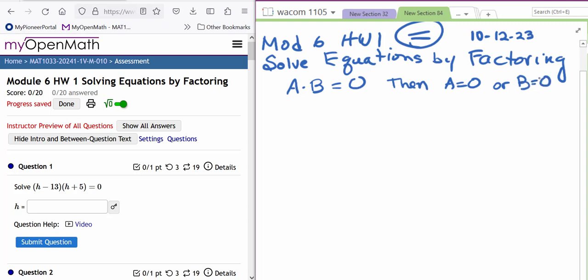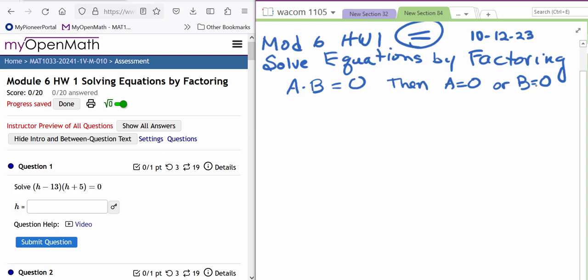So that is what we're using. The important pieces in this theorem is that one side has to be 0. That's the only way it'll work. The other side has to be a product, and that's where your factoring comes in. Once you have that, then you break it apart and you set each one equal to 0.